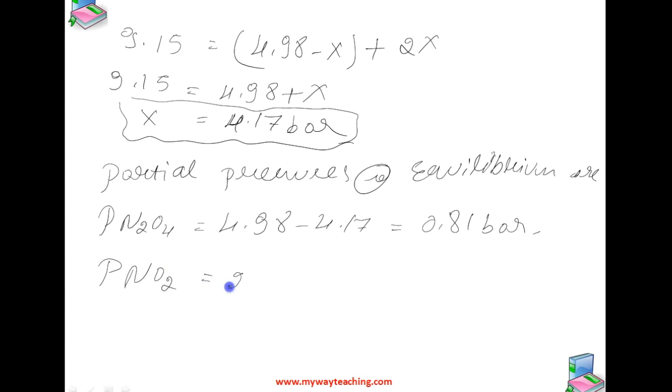P of NO2 is equal to 2x, that is 2 into 4.17, that is 8.34 bar.